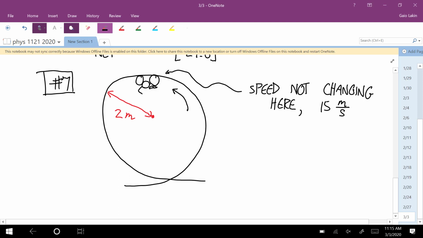That's really fast. The motorcycle and rider together have a mass of 350 kilograms. That seems really big.